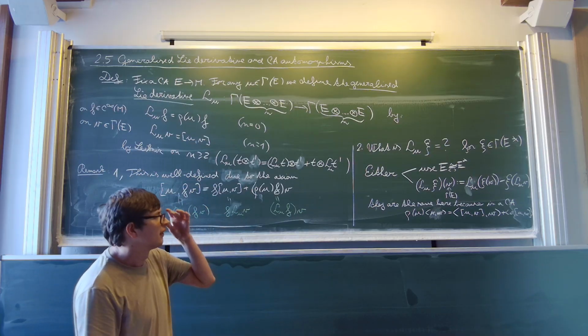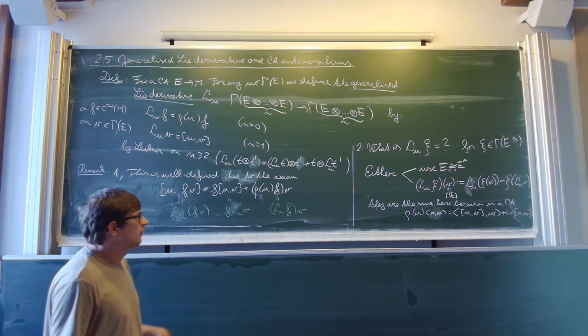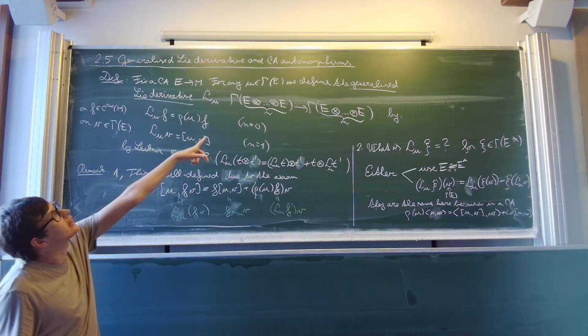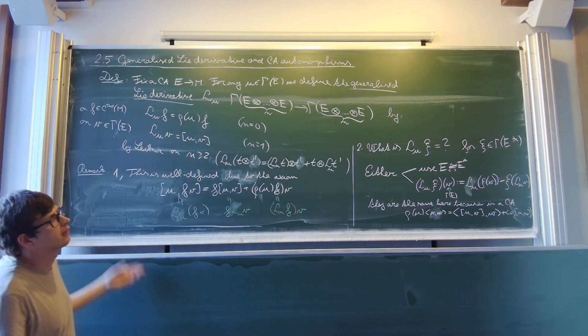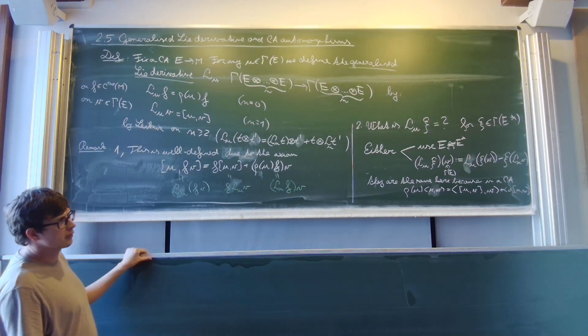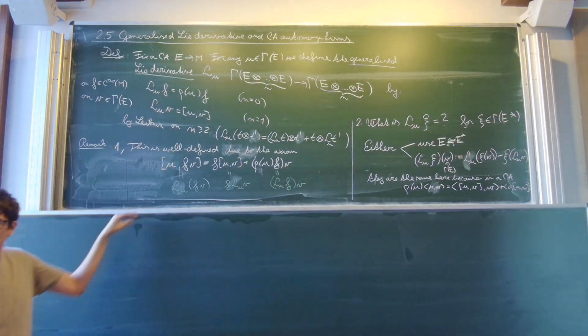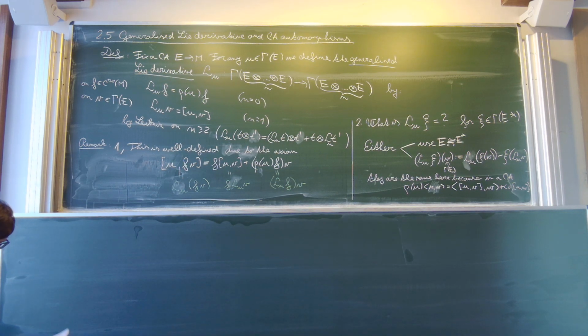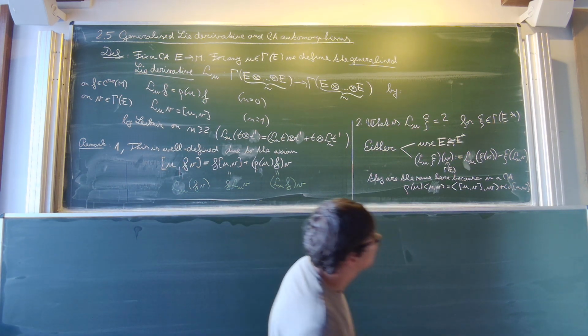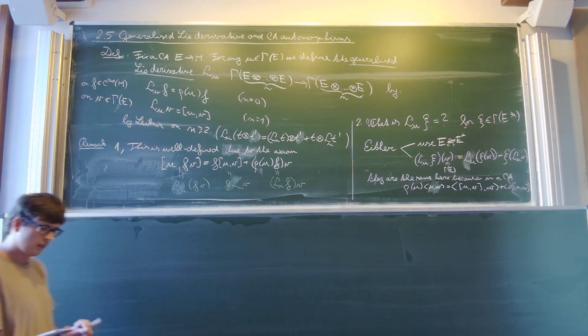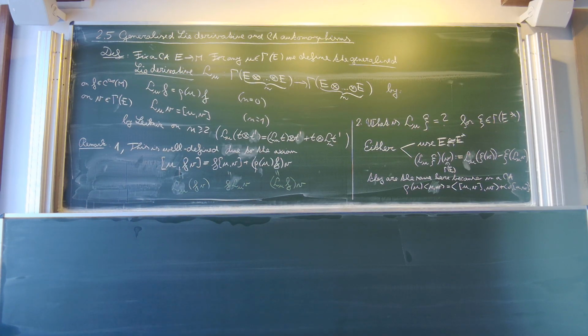This is the reason why I didn't include E star here, because it's really just the same as E in a Courant algebroid. Okay. Any questions for that?